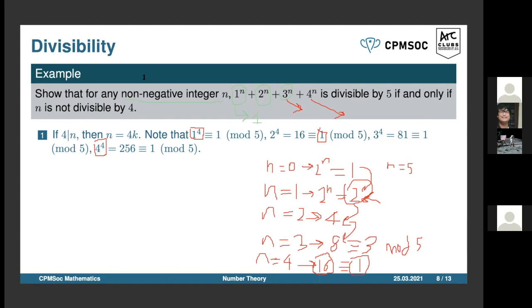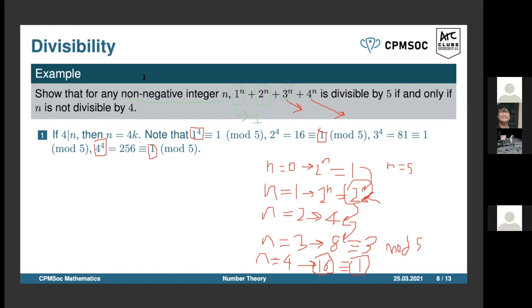All right. So if you can find a power of a number that gives you 1 modulo something, it's very useful, because then you can conclude that if we take successive powers of a number, there'll be a cycle that keeps on repeating.